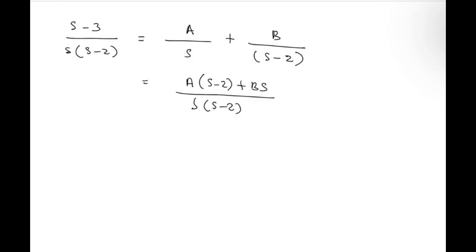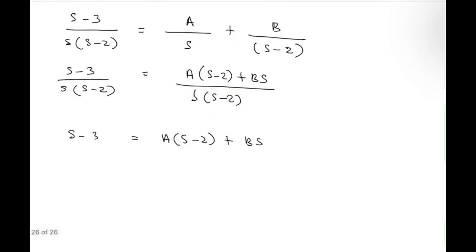So this is equal to S minus 3 over S times S minus 2. Right, because the denominators here are equal, then we can say that S minus 3 is equal to A times S minus 2 plus BS.